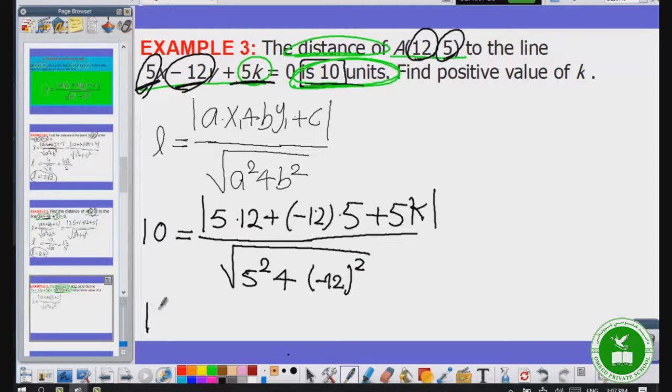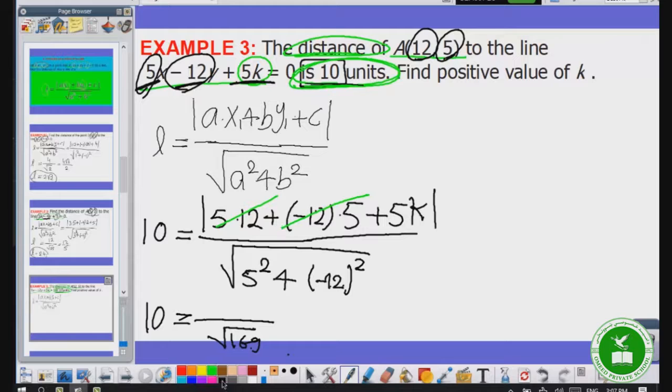From here, 10 is equal to 5 square 25, 12 square 144. If we add both, it becomes under root 169. And the numerator, you see, 5 into 12, 60. 5 into minus 12, minus 60 cancel.